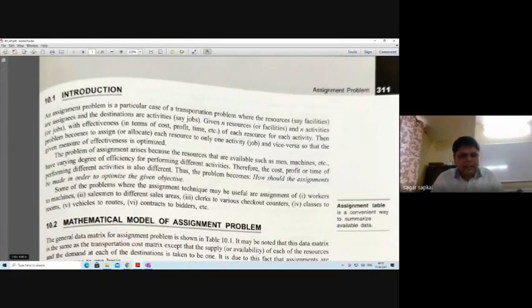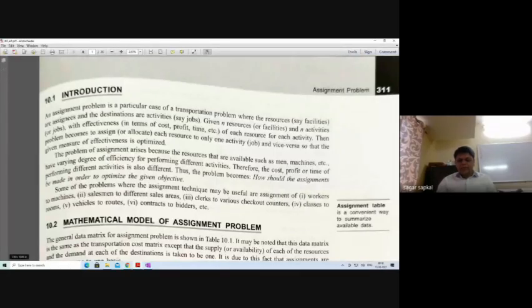So the assignment problem arises because the resources that are available, such as men, machines, etc., have varying degrees of efficiency for performing different activities. Because of that, this kind of problem arises, and therefore the cost, profit, or time of performing different activities is also different for different workers.